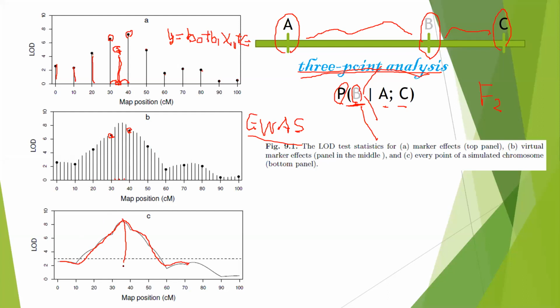For example, here is a peak, which means there's a strong signal, a very significant signal, indicating a strong association between the locus here and the phenotype of interest. So GWAS can help us identify the genomic loci that are responsible for the phenotype of interest. All right, any questions here?